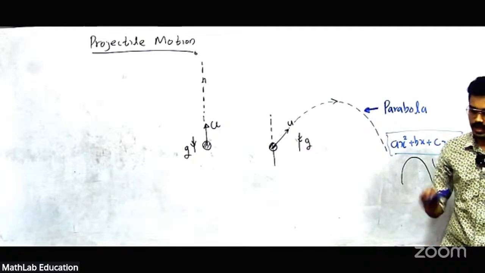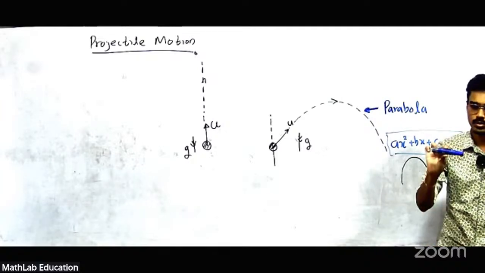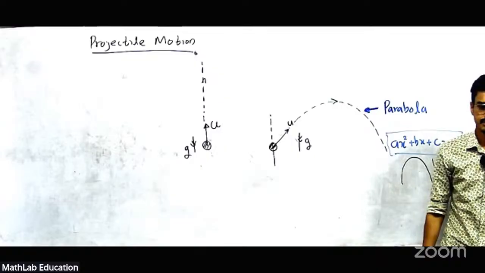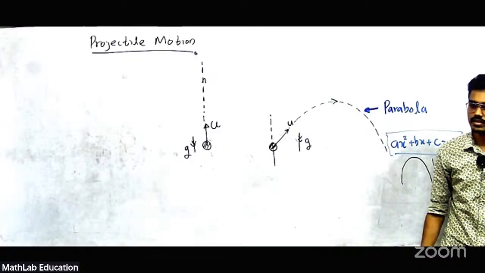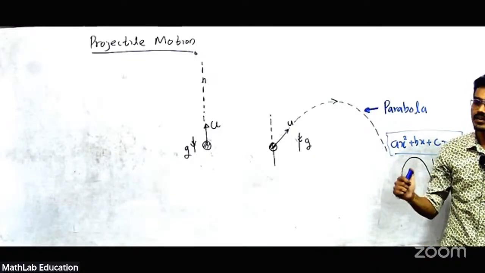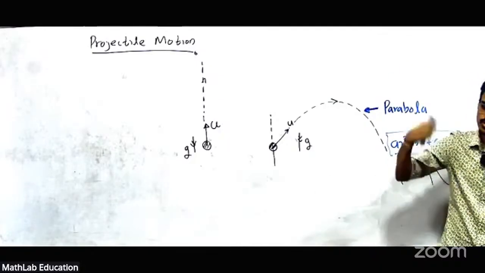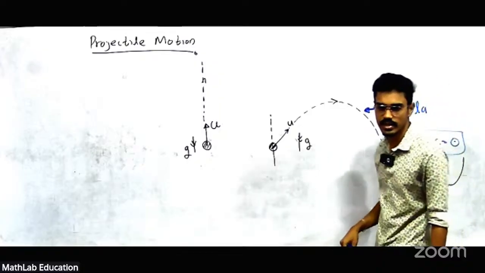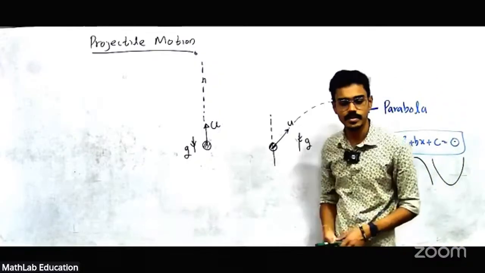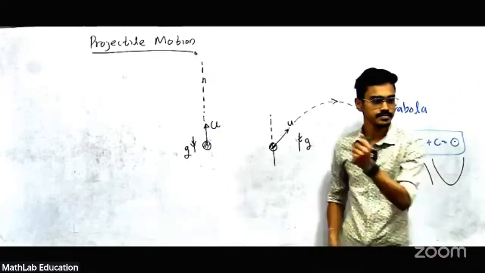I can't throw this to you in a straight line. The only straight motion under gravity is if a vertical velocity is given. Vertical motion is the only straight or linear motion under gravity. All other motions are going to be parabolic motions, parabolas like this.